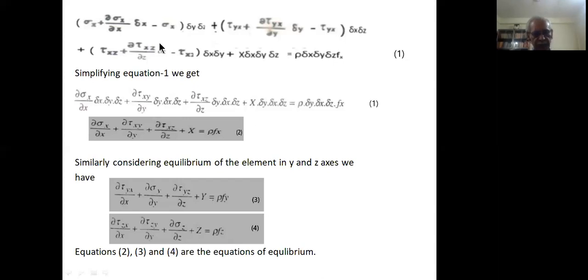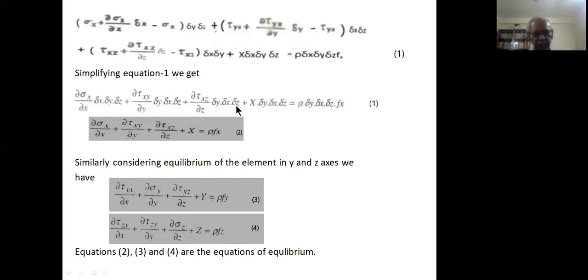And in the third part of the equation, again tau xz and tau xz will cancel out, and we are left with del tau xz by del z into delta z, and outside the bracket we have got delta x and delta y. So we are left with del tau xz by del z, delta y, delta x, delta z.